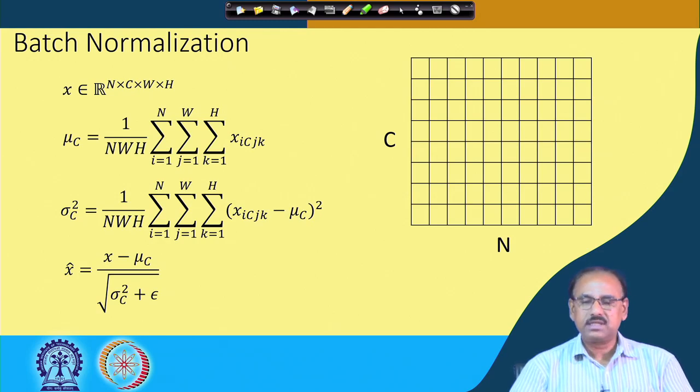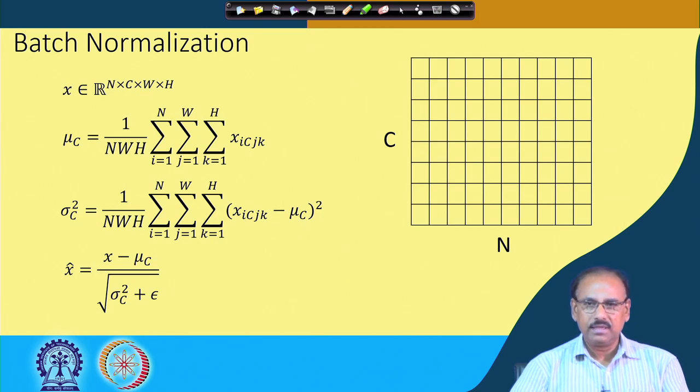So this x represents one feature element in channel c at location j, k in that particular channel feature, and the number of training examples that we have is total n.